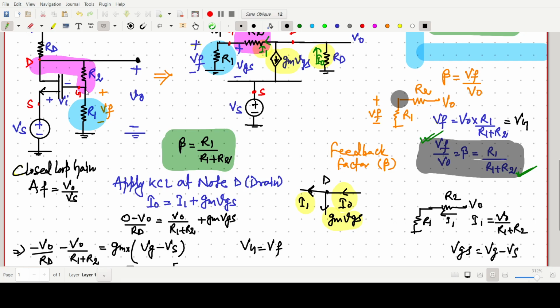VF is the potential across VG. So the gate voltage is simply this feedback voltage VF, VG equals VF. Is it okay or no?